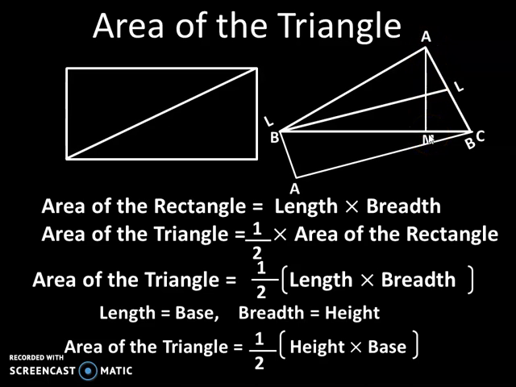So AM is the height and BC is the base, the opposite side. So 1/2 AM multiplied by BC means you have to take the length of AM and the length of BC, and you will find the area of the triangle. This is the formula to find the area of a triangle. For any problem you have, you can find the area of the triangle with this equation that we found from this description.